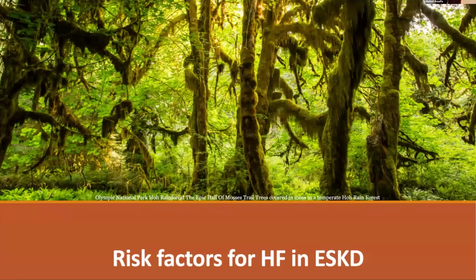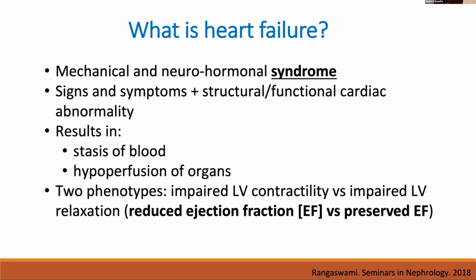The next part is thinking about the determinants of heart failure and end-stage kidney disease. Before we start looking at the relationship between the two, it's important to remind ourselves of how we define heart failure. It's a syndrome of both mechanical and hormonal issues that result in signs and symptoms, as well as structural and functional cardiac abnormalities that present with symptoms related to stasis of blood and hypoperfusion of organs.